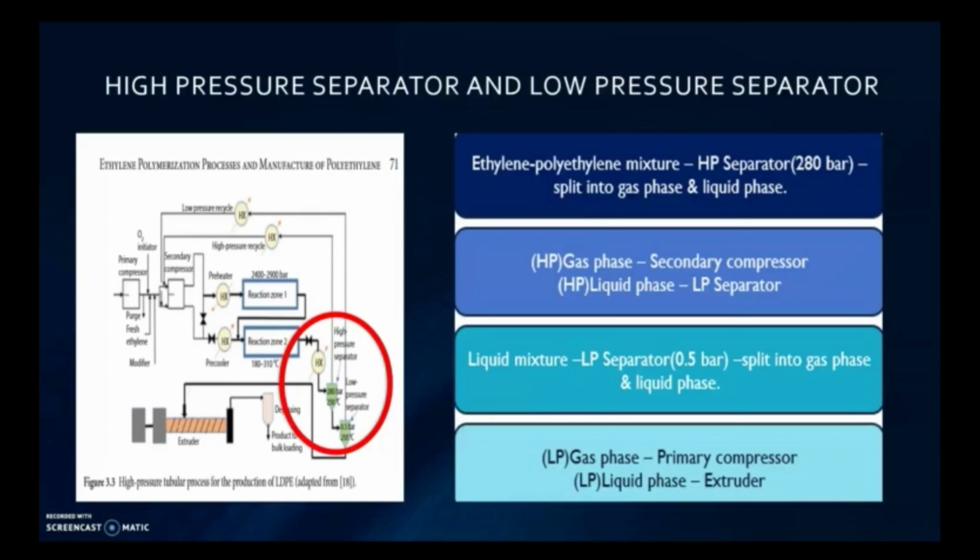The liquid mixture at the low pressure separator at 0.4 bar will split into gas phase and liquid phase. Low pressure gas phase will go to the primary compressor and low pressure liquid phase will go to the extruder.